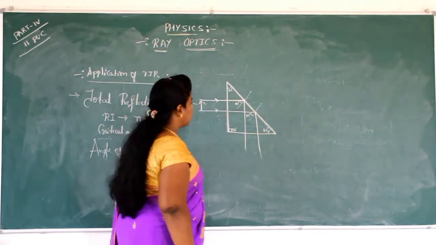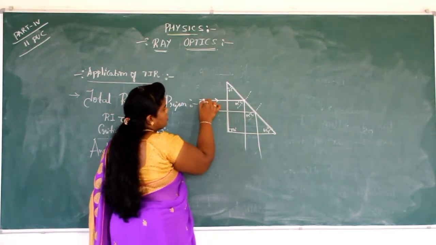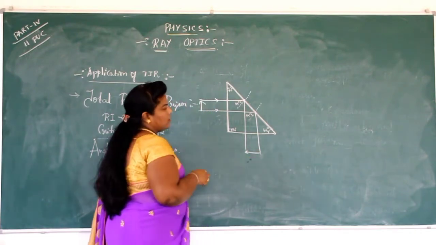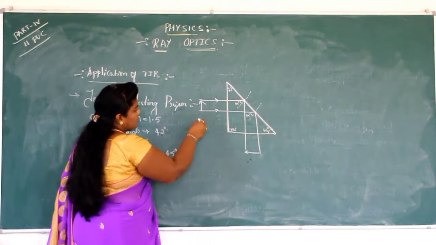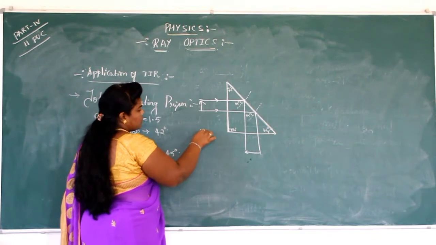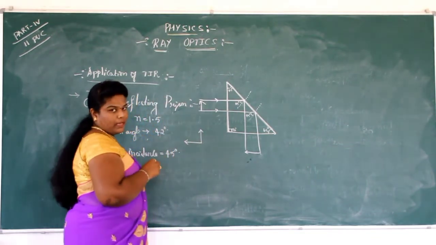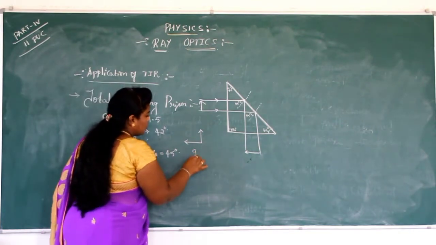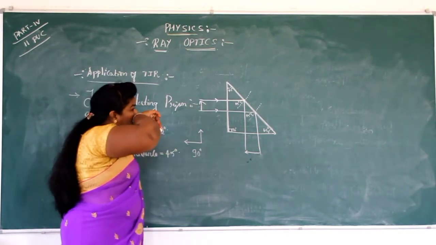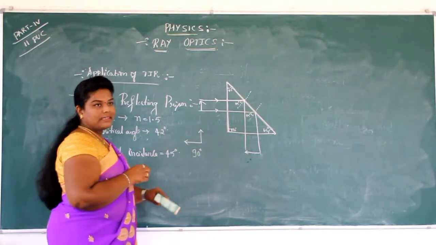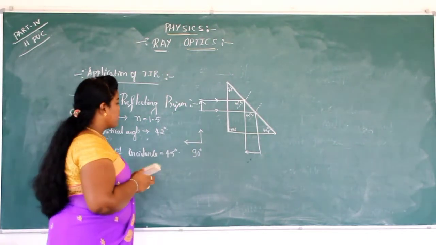You can observe that the top of the arrow, the top of the object, is here, whereas the tail of the object is here. Before reflection, the object was like this. After reflection, the object is in this way. It means the total reflecting prism inverted the image by 90 degrees.